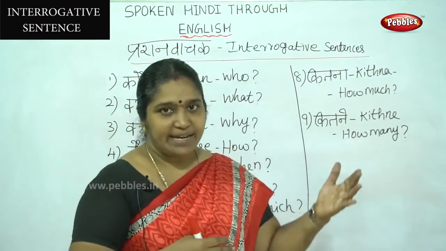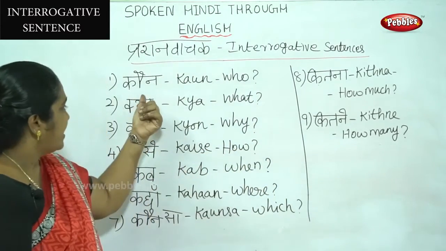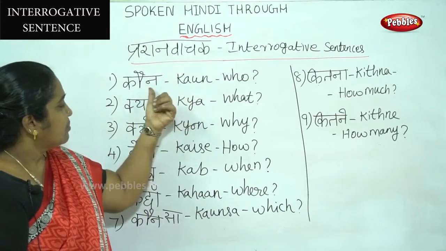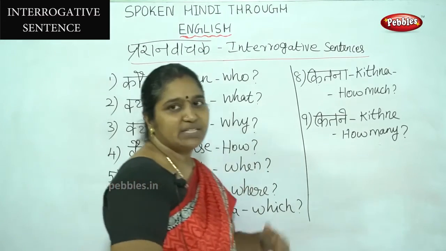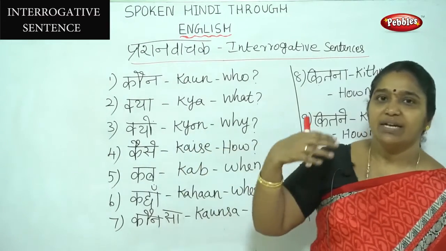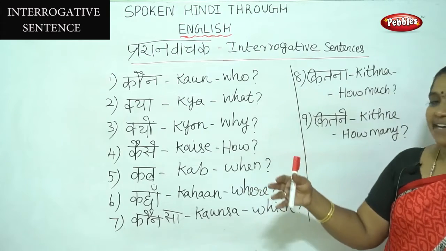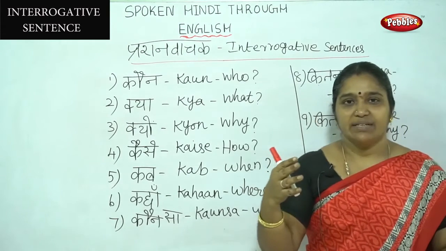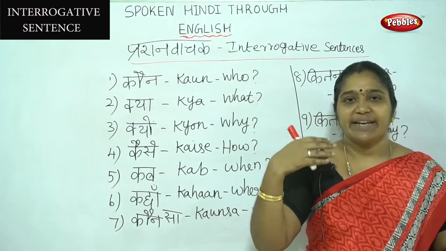Okay, let us recollect once again. Kaun, the pronunciation is kaun, the meaning is who. We have to recollect and pronounce it again and again, then only we can remember it.